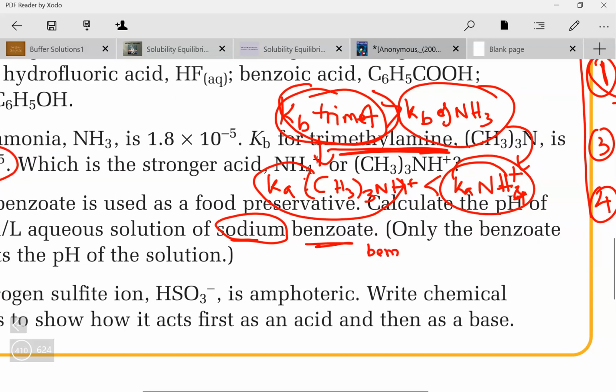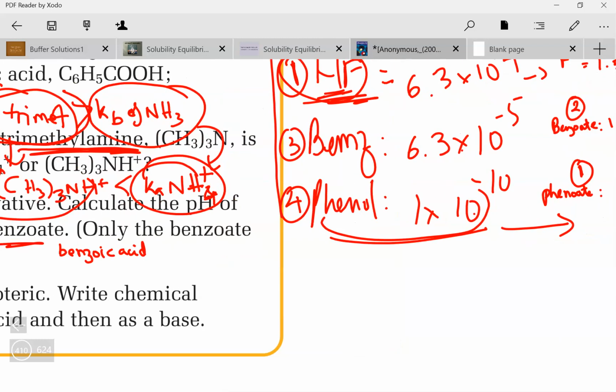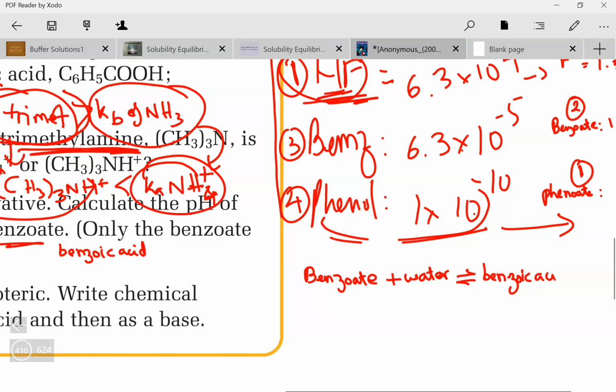So benzoic acid plus water. Whoops, benzoate ion comes first. Benzoate plus water gives benzoic acid plus OH minus, right?